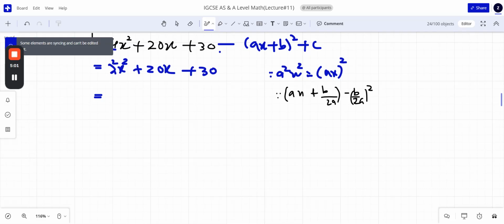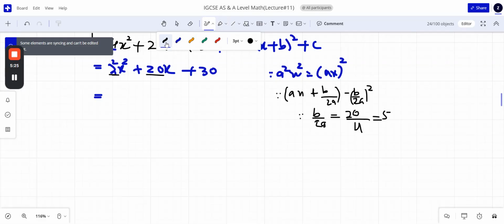So what is b over 2a? b is the coefficient of x, which is 20 here. So b over 2a would be equal to 20 divided by 2 times 2. What is a? a is also 2. So 2 times 2 is 4. It means it would be equal to 5. So let's substitute the values here.